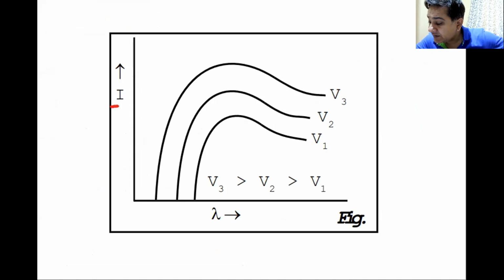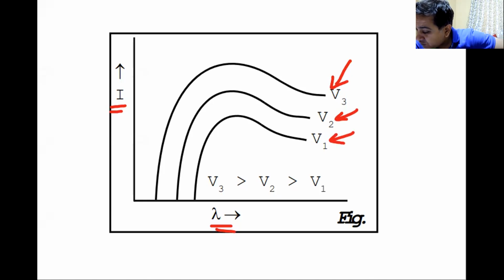Here I have the intensity of the X-rays, and intensity means the number of X-rays, and here the wavelength lambda. Now you see at different voltages V3, V2 and V1, we have continuous X-rays. Do we understand this?